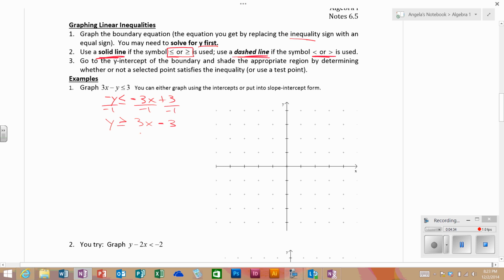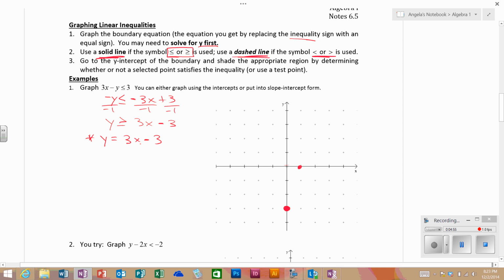So I flipped the sign. So I have it kind of looking like y equals mx plus b. So I'm going to make it look like that, y equals 3x minus 3. So I'm going to put an intercept down at -3 and then up 3 over 1, okay? Because it's a rise of 3 over 1.